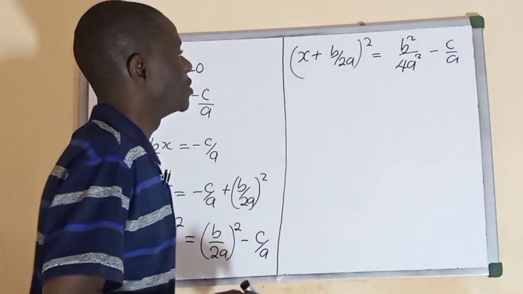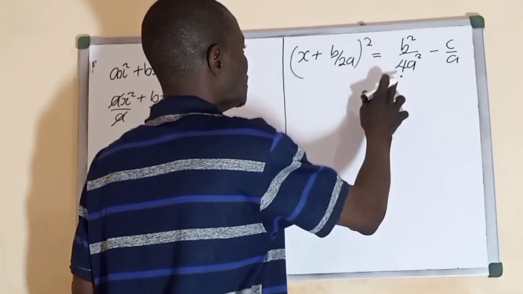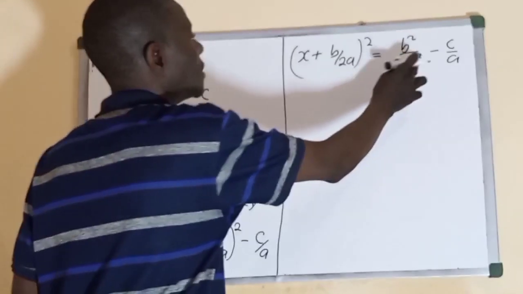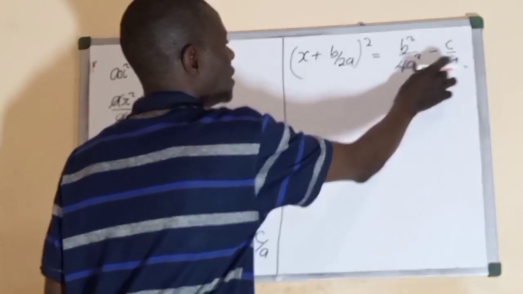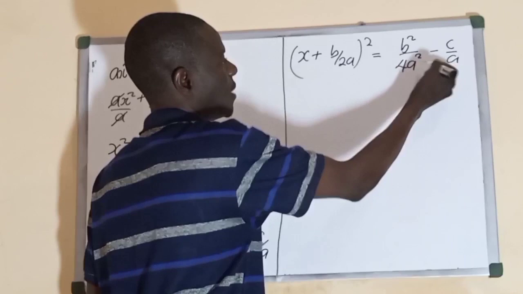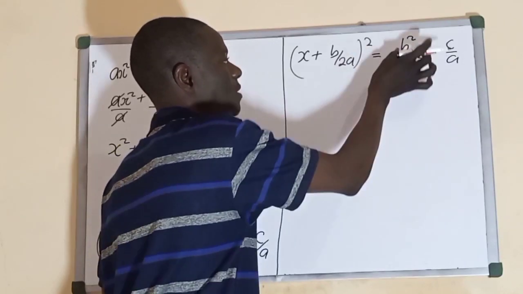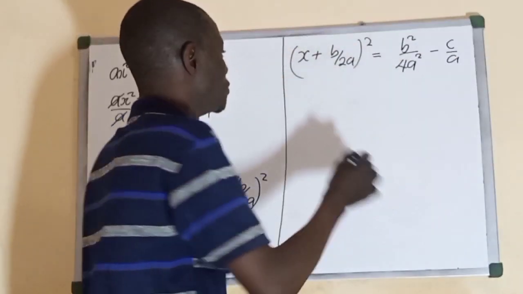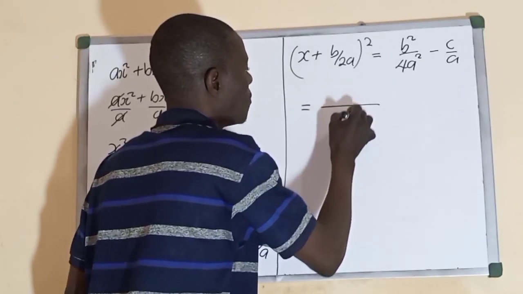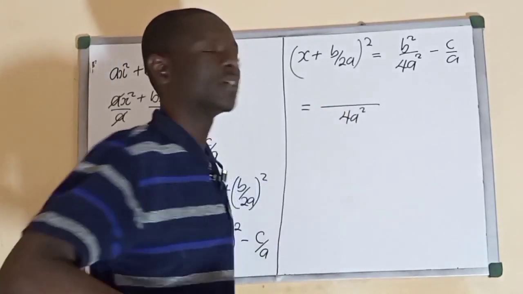Are we together? Can we continue from here? The next thing here is to look for the LCM of this 4a squared and this one, or the LCM of this term and this term. So to find the LCM, we have 4a squared.